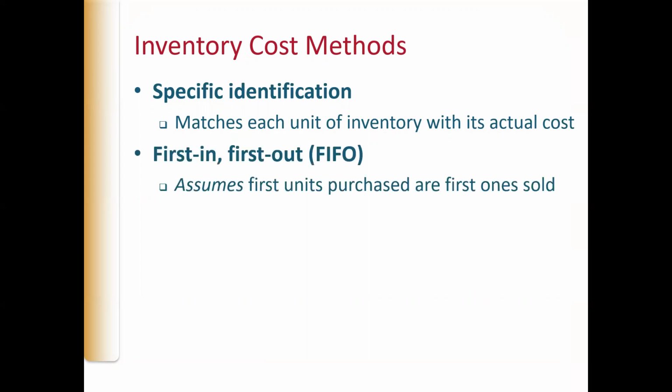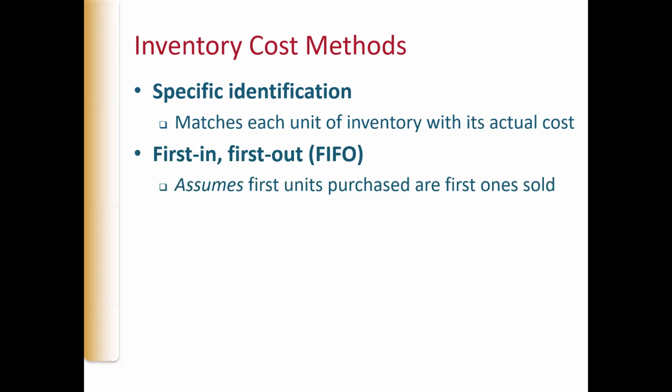One is called specific identification, and this is primarily used when the inventory is very unique. So it's not like selling a bunch of Dell computers. This is where it might be a piece of jewelry or a home or an automobile, where specific identification matches each unit of inventory with what it actually cost to produce that piece of inventory.